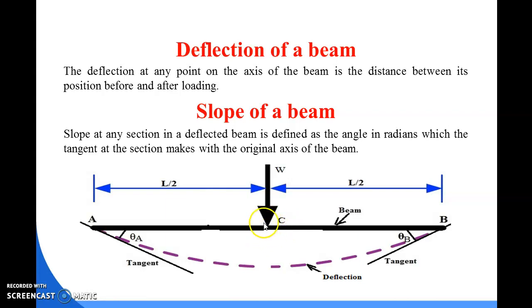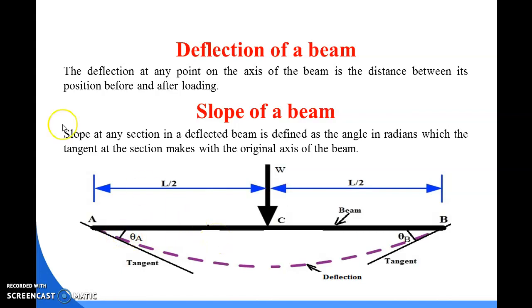That means you can see here where the point load is applied, the deflection value is this much. This distance will be the deflection value, and the deflection value will be more at the point where the loading value is more. Due to the point load here, the deflection value is more as compared to the other lengths of the beam.